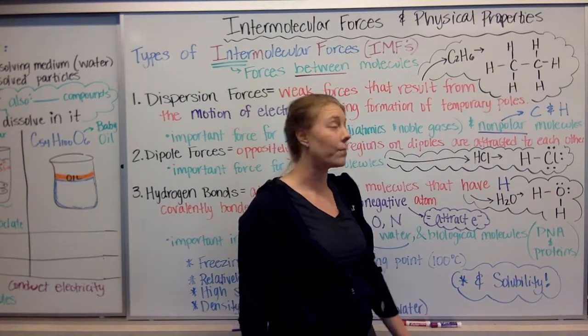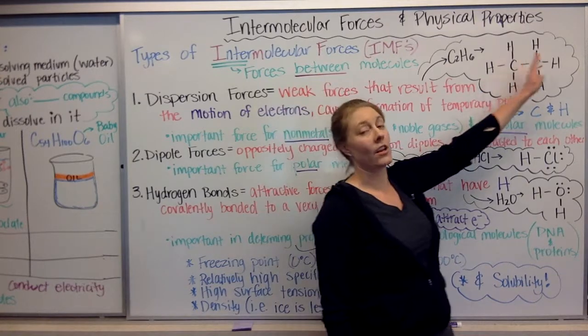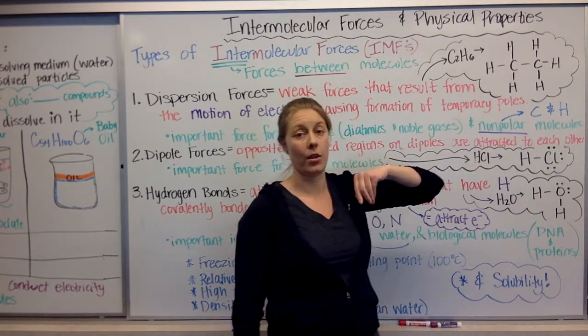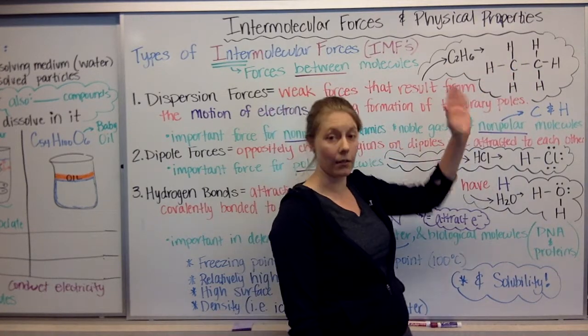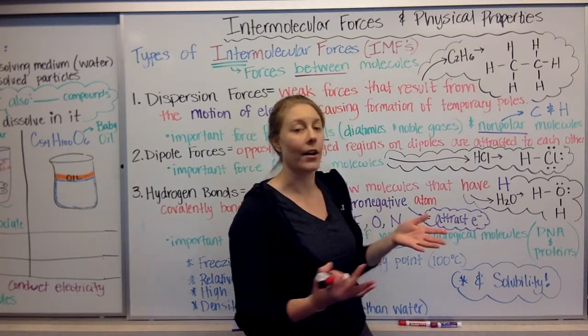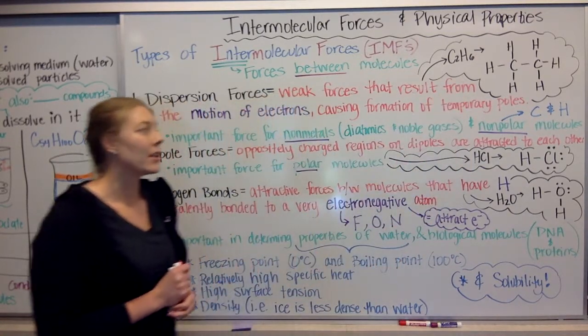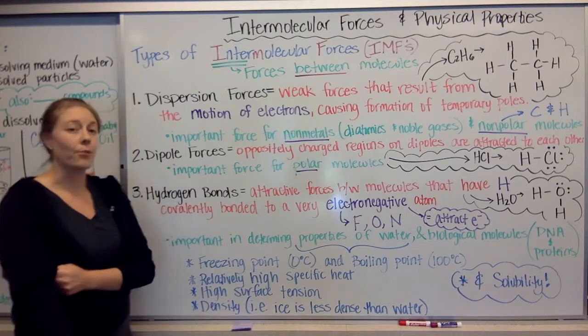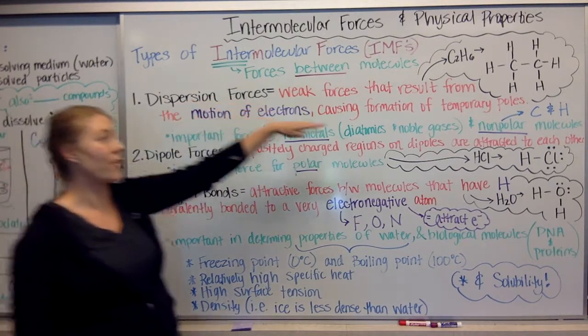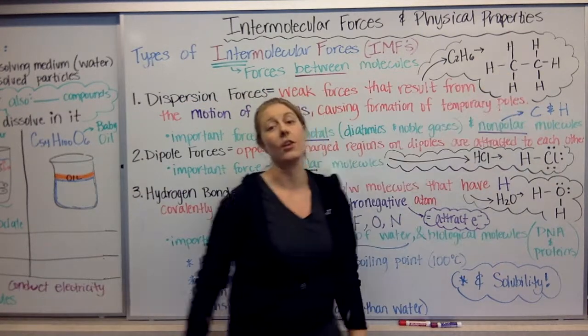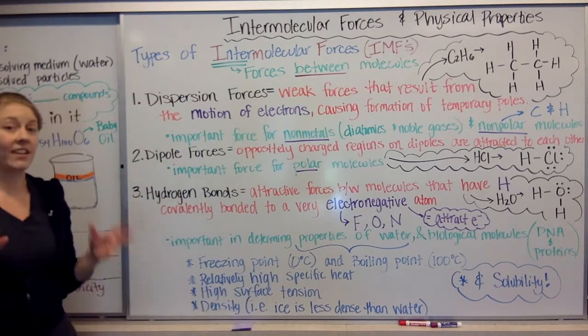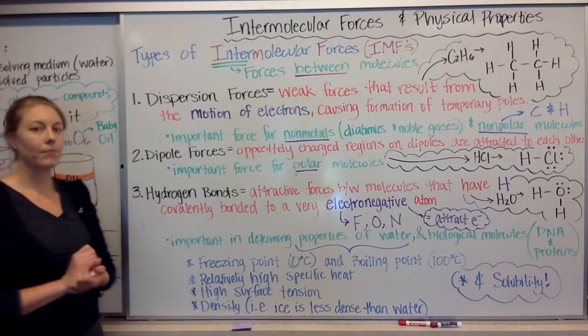Notice that there's no lone pairs of electrons. This is a non-polar molecule, right? It is a mirror image up and down, left and right. Remember we talked about that. All right, so non-polar, those electrons will move around, form temporary poles, and dispersion forces are the main forces in play here with molecules of C2H6 interacting with each other, okay?